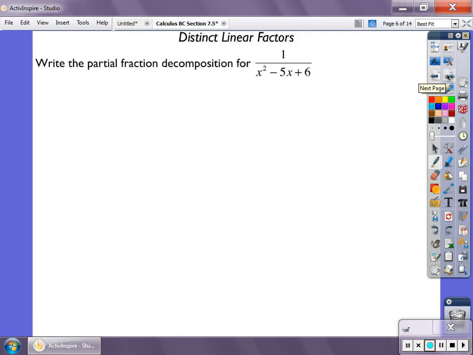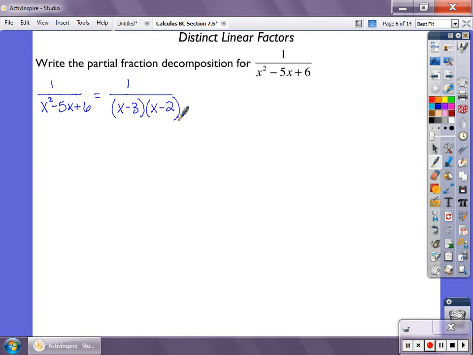So here we go. Write the partial fraction decomposition for 1 over x squared minus 5x plus 6. I've already showed you what the partial fraction decomposition was a couple slides ago, but now we actually want to talk about how to do this. Remember, we want to factor the denominator. So 1 over x squared minus 5x plus 6 is equal to 1 over x minus 3 times x minus 2.